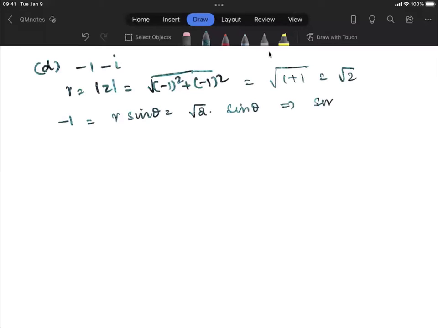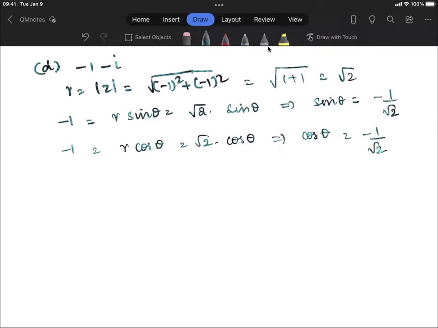That implies sine theta is negative 1 over root 2. And negative 1 is also going to be r cos theta, which is root 2 times cos theta. So cos theta is equal to negative 1 over root 2.